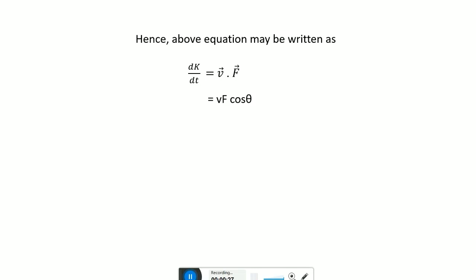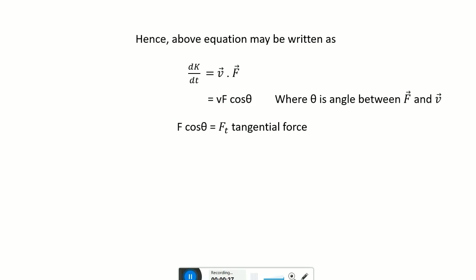which is equal to F v cos theta, where theta is the angle between vector F and vector v. F cos theta is equal to Ft, which is a tangential force. Then the above equation becomes dK by dt, which is equal to Ft into v.